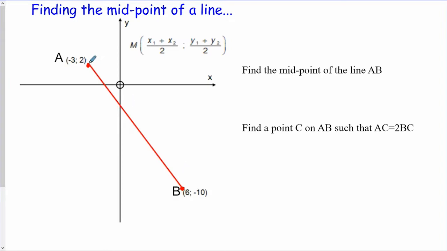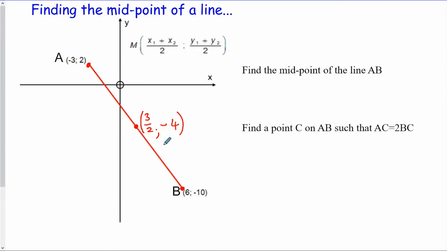So I either add 4.5 to -3, and I get to 1.5, or if I subtract 4.5 from 6, I get to 1.5. With the y values, I've gone a total distance of 12. Half of 12 is 6. So if I come back up 6 from -10, I get to -4. And likewise, if I drop 6 from 2, I get to -4.